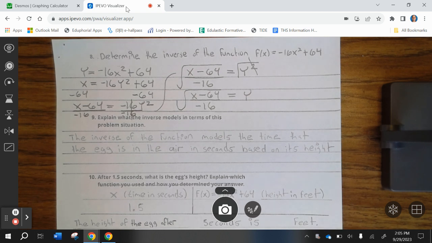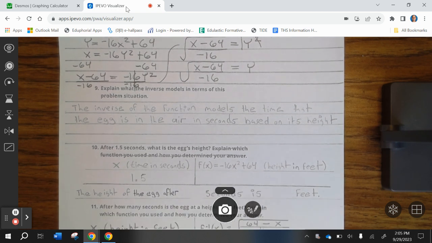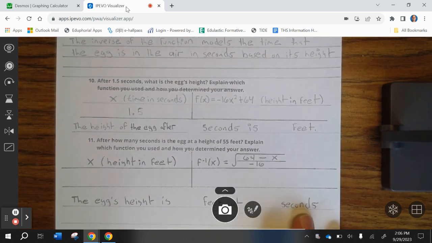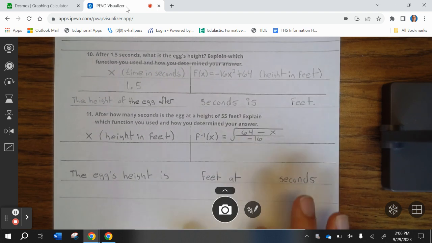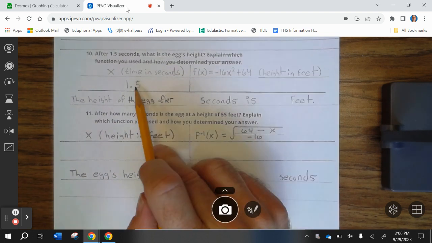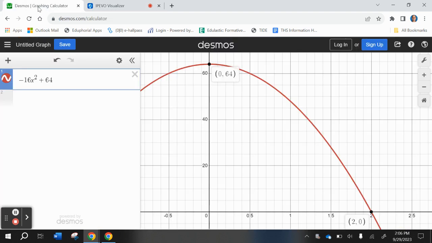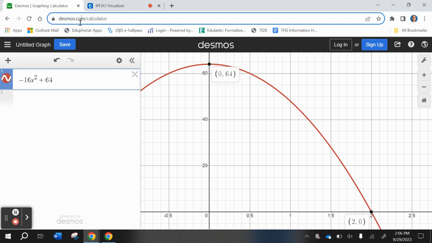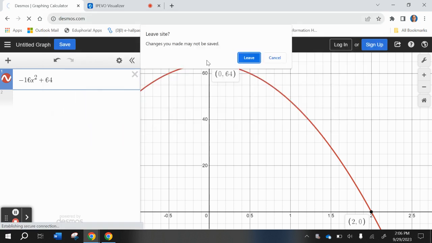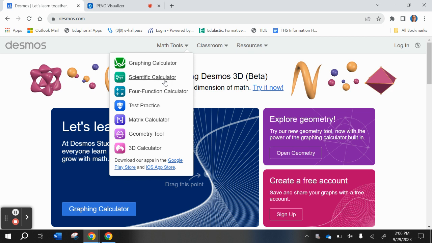Explain what the inverse models in terms of the problem situation. The inverse of the function models the time that the egg is in the air in seconds based on its height. After 1.5 seconds, what is the egg's height? Explain. So we're going to basically plug 1.5 into this function. Let's go to desmos.com, math tools, scientific calculator.